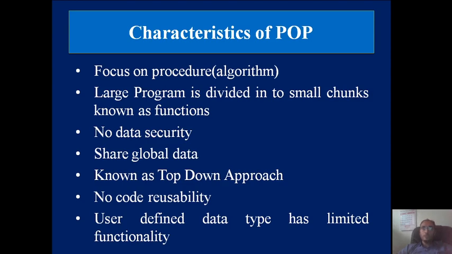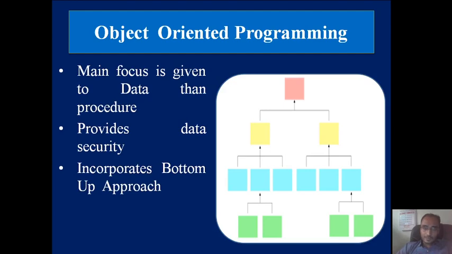So what is the conclusion, or what is its remedy? We can say that object-oriented programming language fulfills all the loopholes that were available in procedural-oriented programming language. Here, the main focus is given on data rather than on procedure. So in object-oriented programming language, the more important thing to consider is data rather than an algorithm.